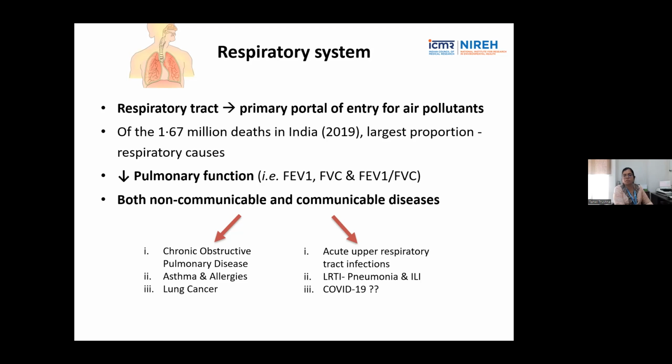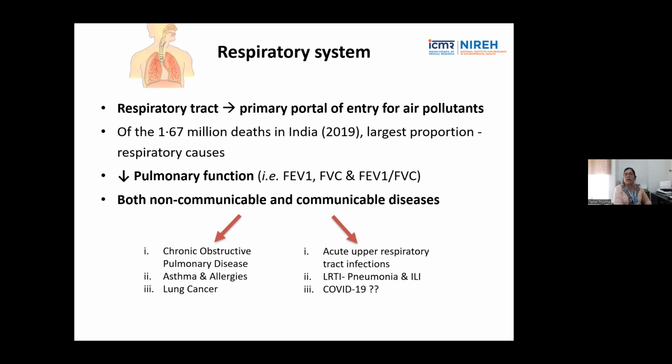Air pollution has been linked to both communicable and non-communicable diseases. Non-communicable diseases arise because of the chronic inflammation and chronic oxidative stress caused by air pollution, and multiple diseases like COPD, asthma, allergies, cancer, etc. have been linked with air pollution.